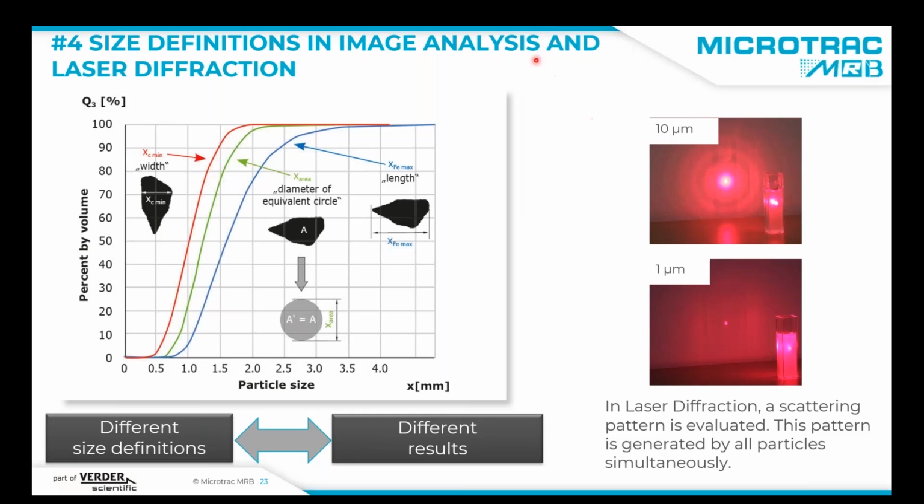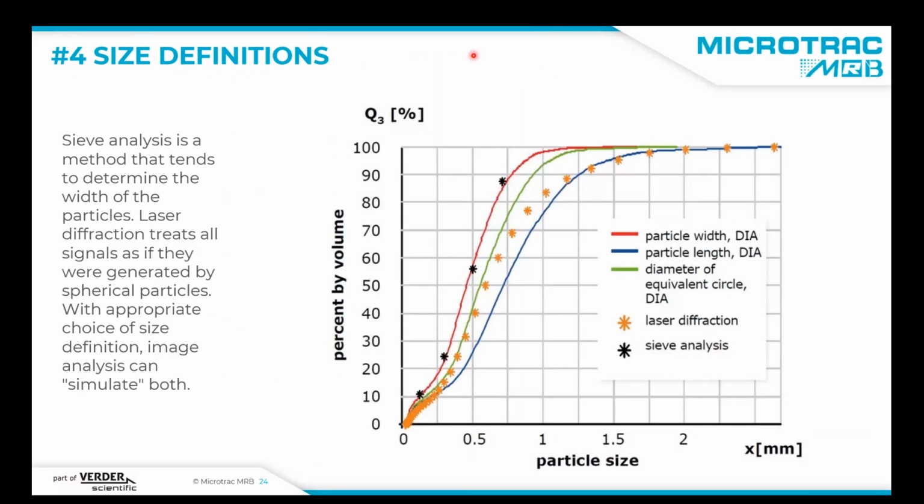Now, if you compare image analysis with sieving and laser diffraction, this is what you usually find. Again, here we have the 3 size definitions from image analysis: width, length, and equal area. The black asterisks here represent the data points from sieving. They match very well with the width measurement because sieving has a tendency to measure particle width.